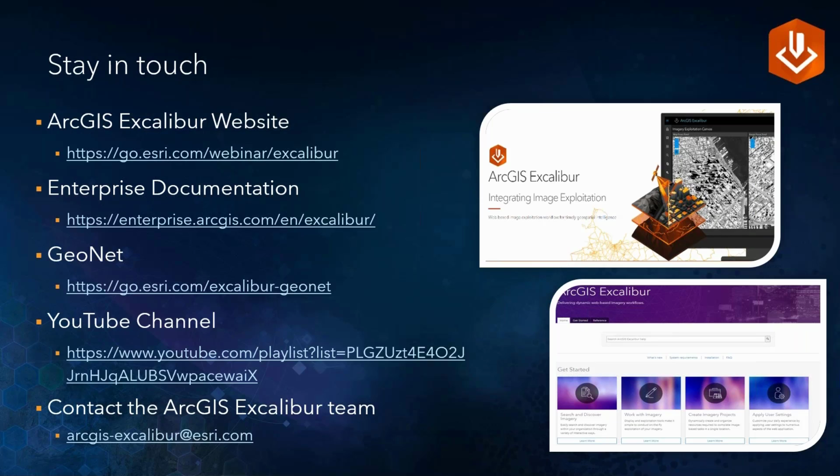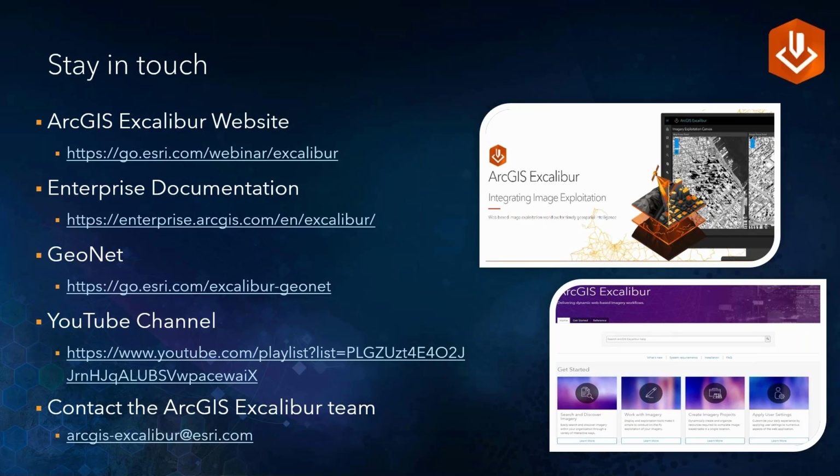And another question, Maxar requires an account to obtain their imagery. Does Excalibur have access to user accounts to determine what imagery the organization has access to? I'll take a stab at that one as well. So the account access to Maxar's imagery falls outside of Excalibur.